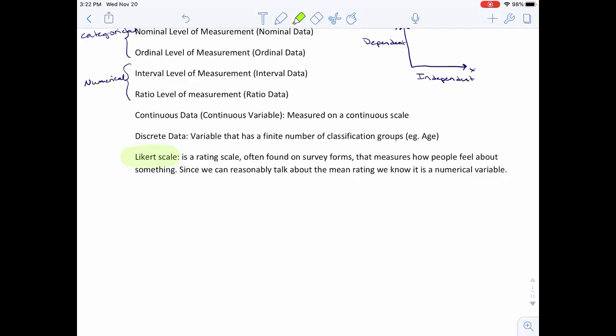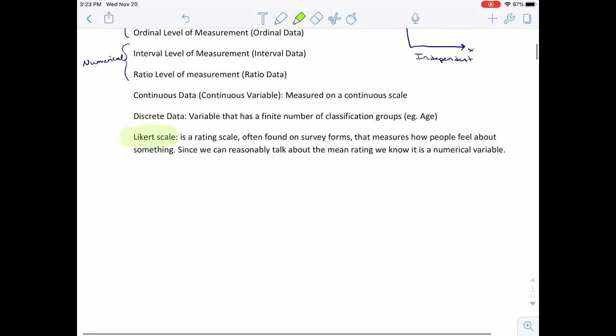One thing to keep in mind is that because we can talk about the average pain score, it makes sense to talk about the average. It's a numerical variable. Even though it's discrete, 1 through 10, it's still going to be considered a numerical variable. So I added that one because you might find it helpful. Maybe.